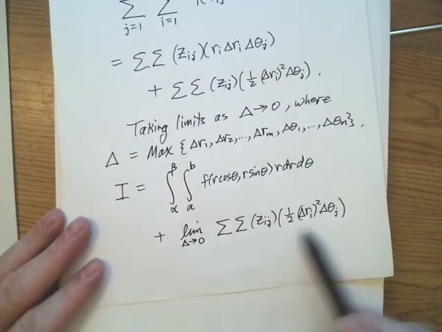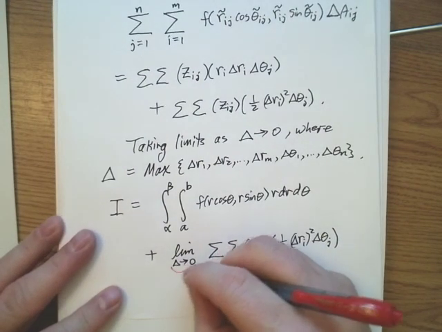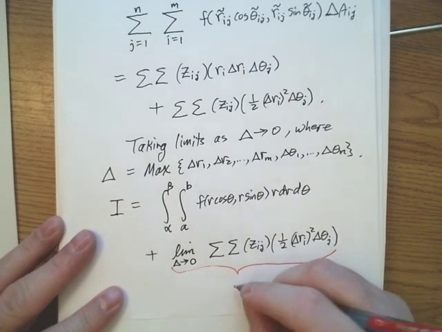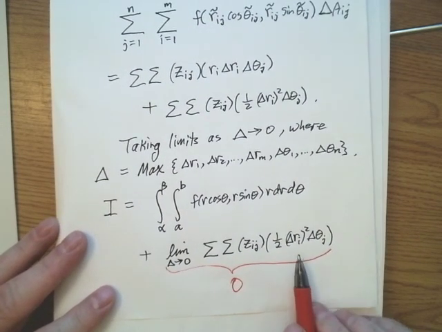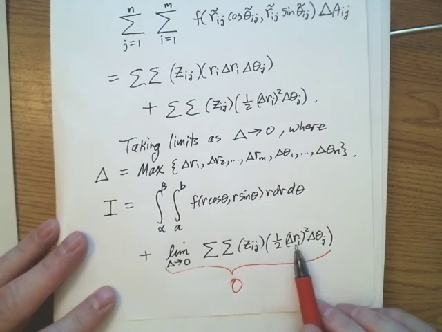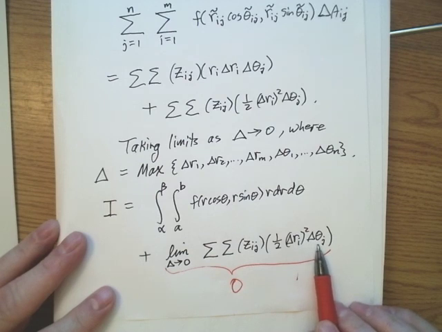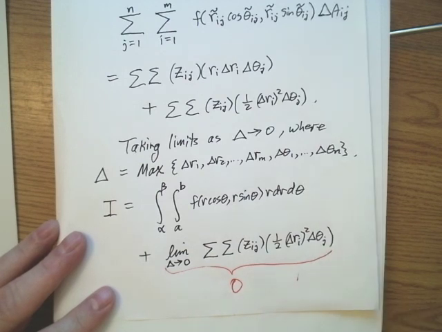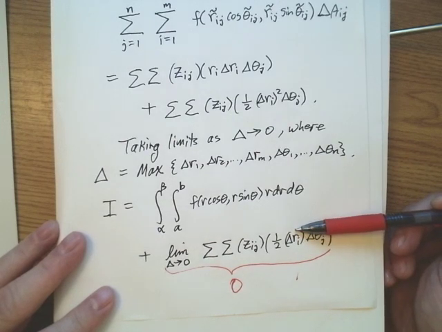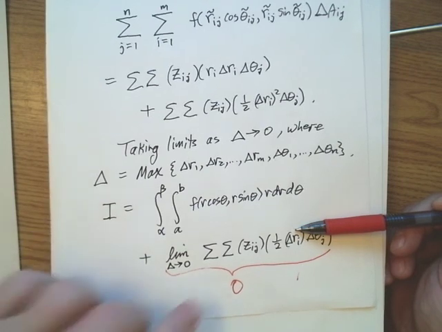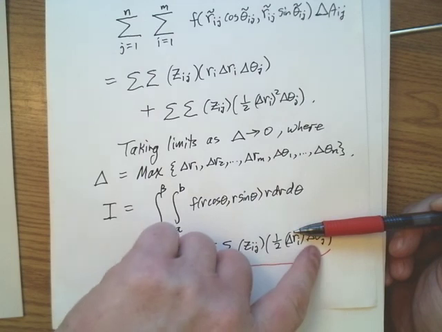Let's go ahead and consider what would happen here. Here's what happens. I claim this goes to 0. Why is that? That limit is actually 0. You notice what we have is actually a third order differential here in the end. See, I've got that delta r sub i squared delta theta sub j. If I had only had a first power on there, I would be integrating 1/2 the function dr d theta.